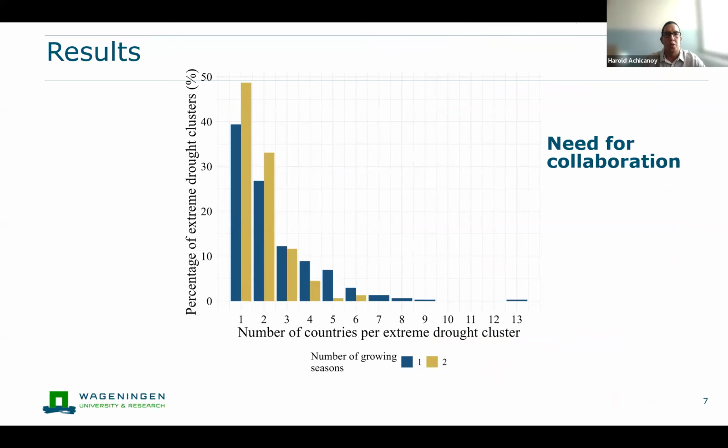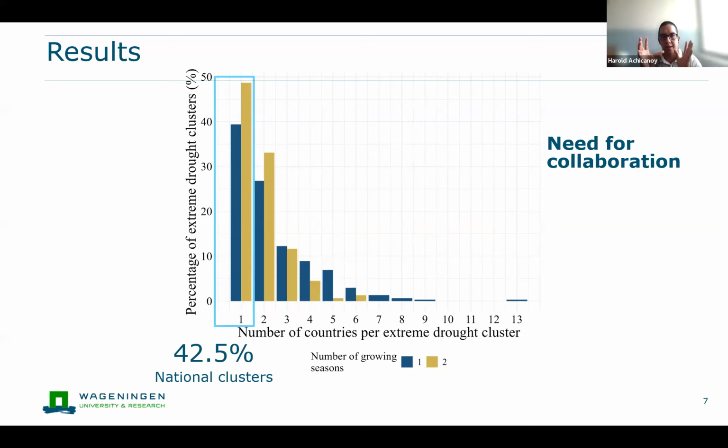Here, what is also presented is the need for collaboration. So in this graph, what we are seeing is that we have around 42.5% national clusters, so clusters that are within the borders of one specific country.